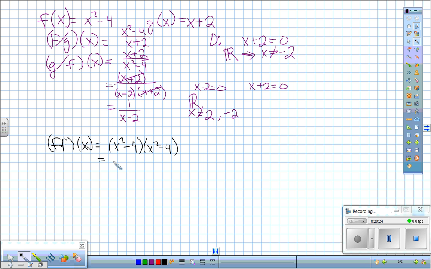Okay, so that will be x to the 4th, and you'll actually evaluate it and get it as simple as you can. So minus 4x squared minus 4x squared plus 16. And so ff of x would be x to the 4th minus 8x squared plus 16.